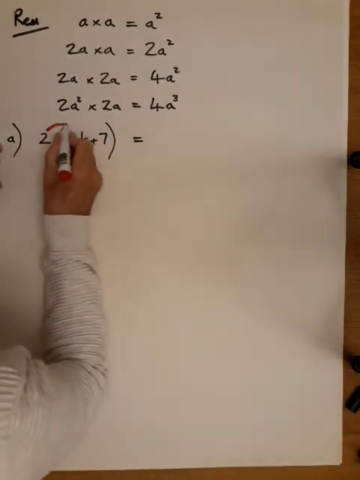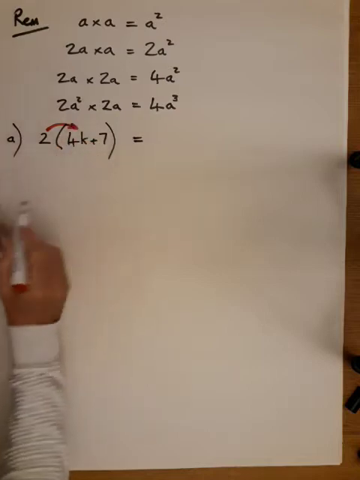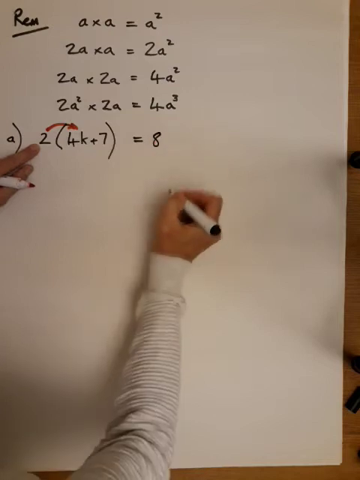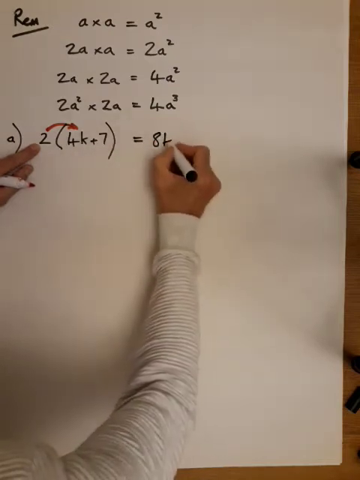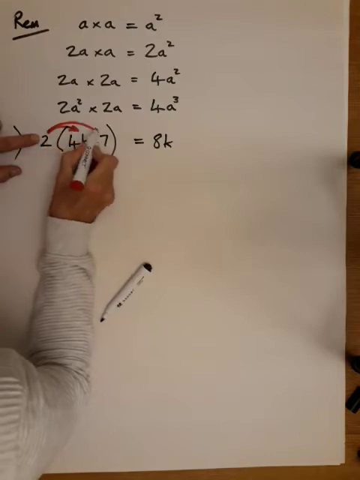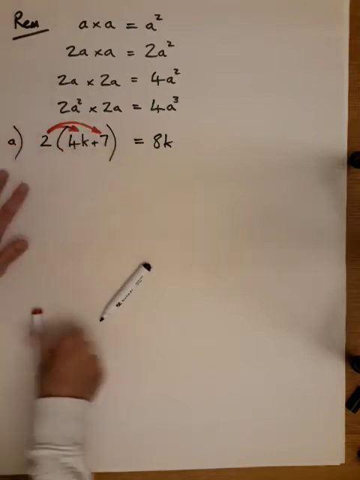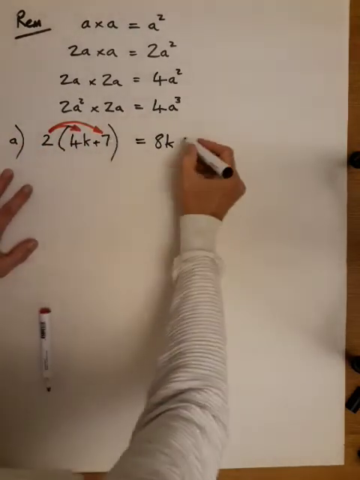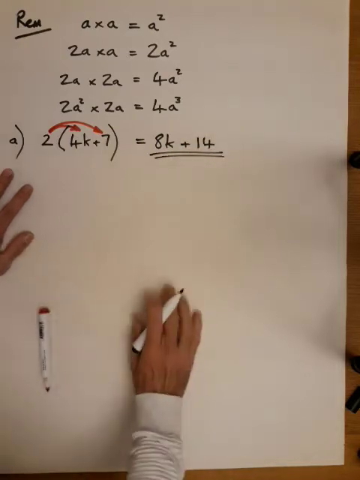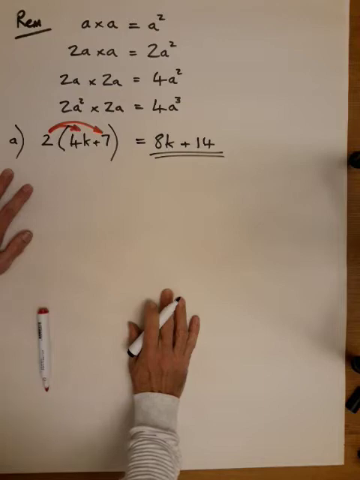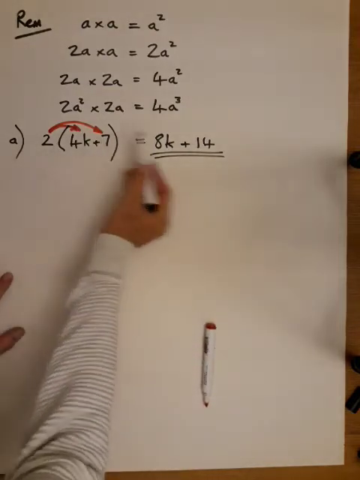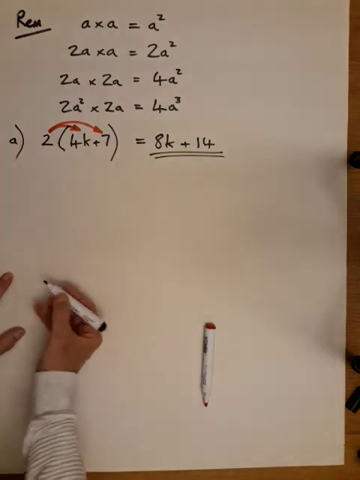So this multiplies this. So 2 times 4 is 8 times k. Then the next step, the 2 multiplies the 7. 2 7s, 14. Fairly simple. We'll talk about the signs in just a moment, the signs in front of each one and how we put the signs in there.